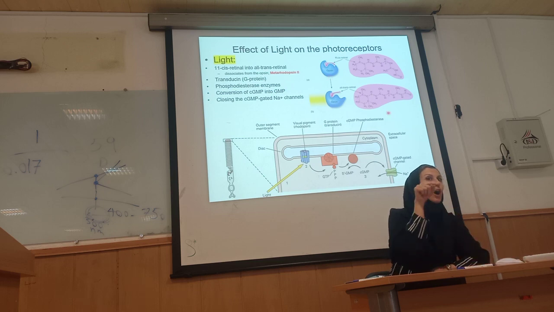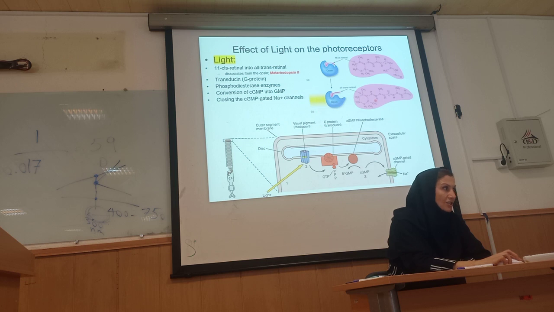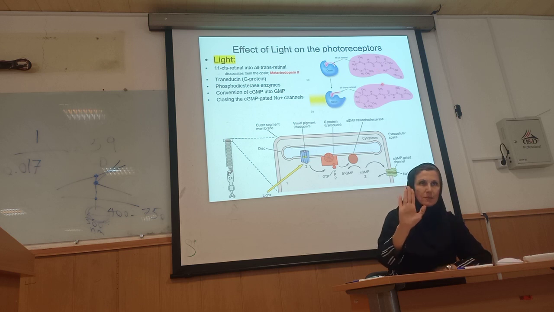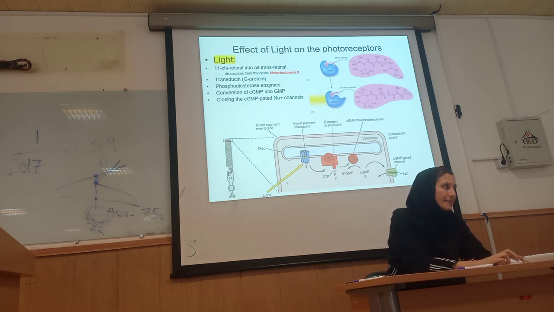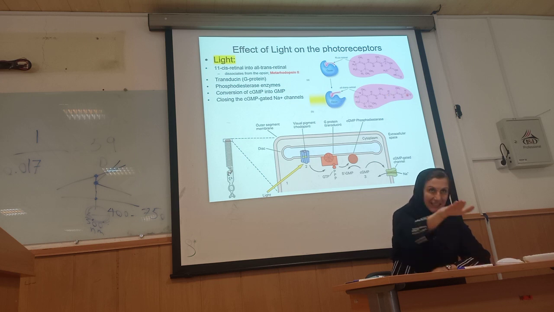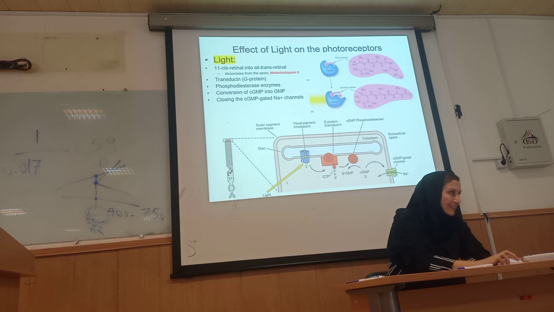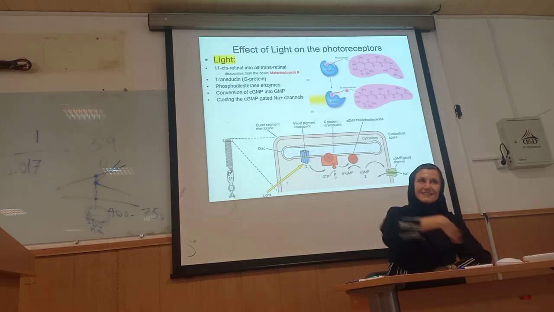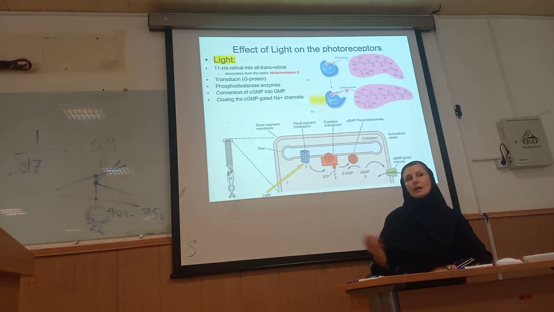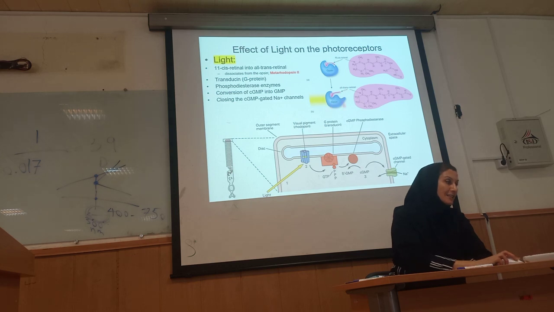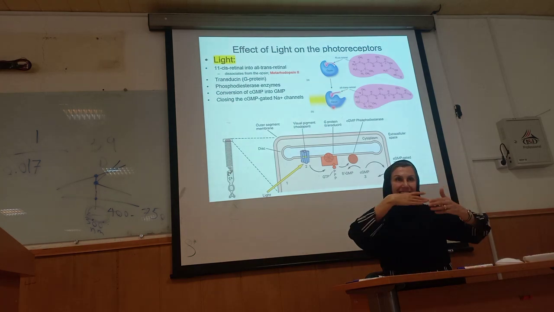But when there is light, this light can change the shape of the molecule. Just the shape, okay? And after that they get straight instead of angled. Because of this straightening, they dissociate from the opsin, and after that, this part can be activated.